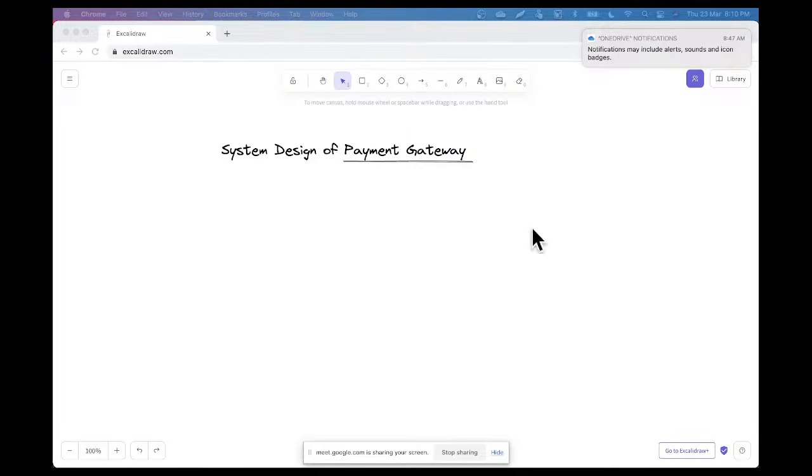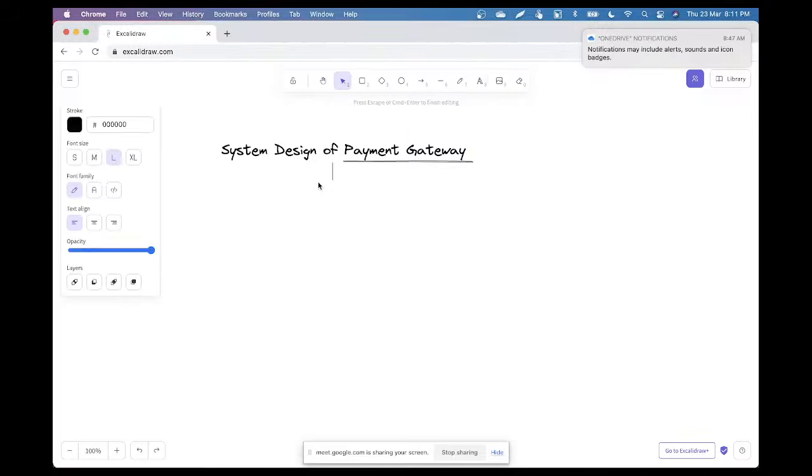So payment gateways are required for any e-commerce application. Any e-commerce application you have needs a payment gateway to process the online transactions. And the most important requirement of payment gateways is that they need safe and secure transfer of money, and the transfer of money happens between customers and merchants. So this is about payment gateway.